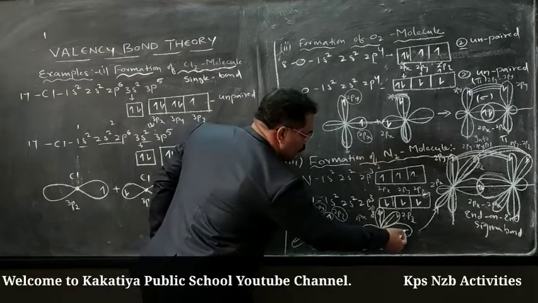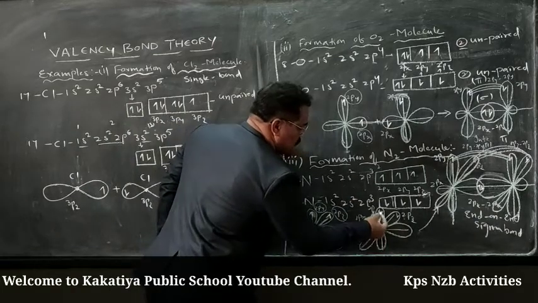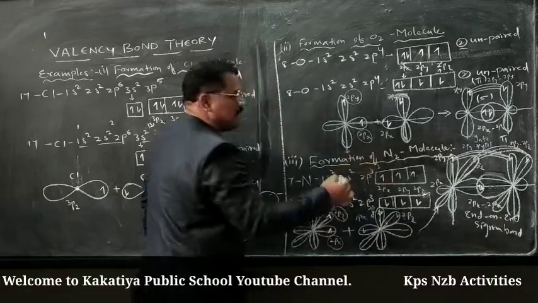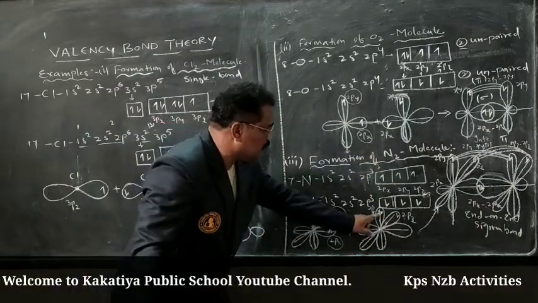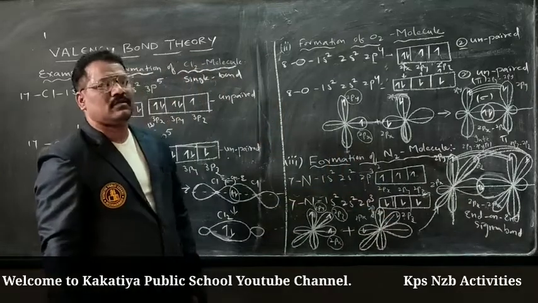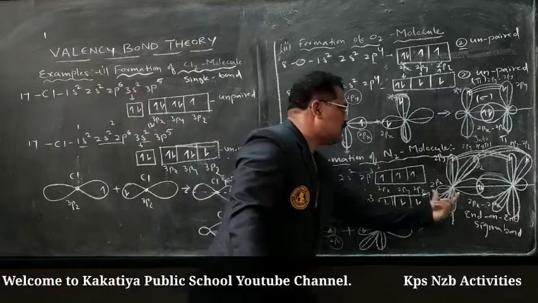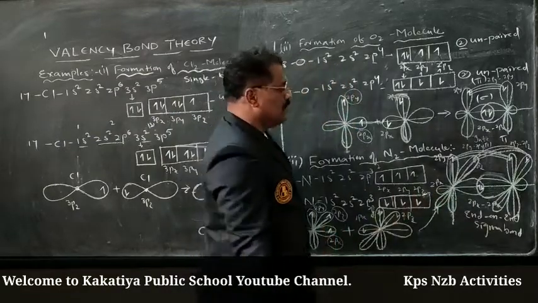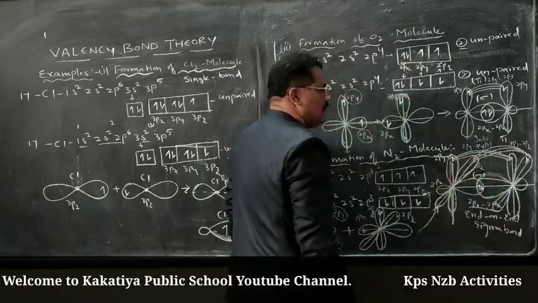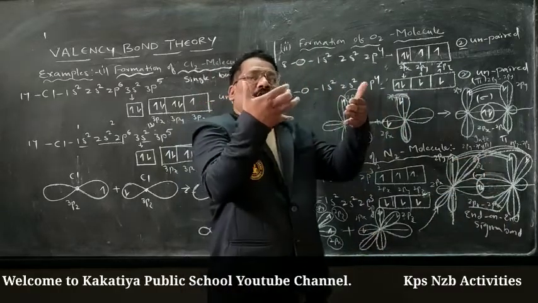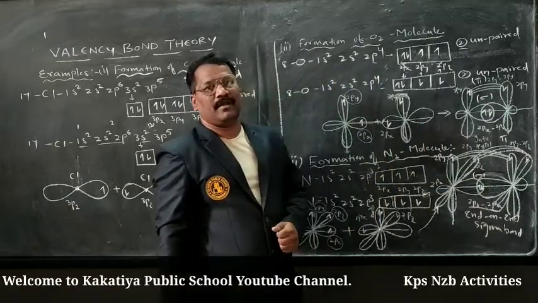Similarly, I have taken one more nitrogen atom, with 2px, 2py as well as 2pz, in which individually one unpaired electron exists. Now the 2px orbitals are overlapping end on end, strongly on the internuclear axis. Due to that, a sigma bond will be formed.